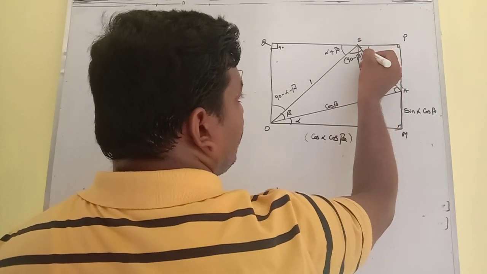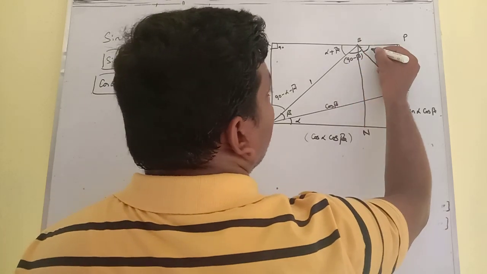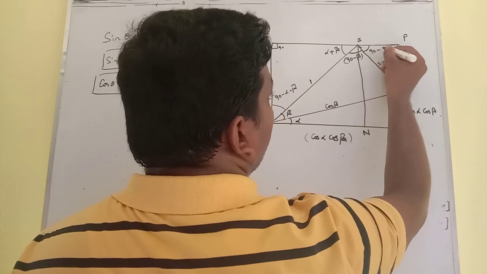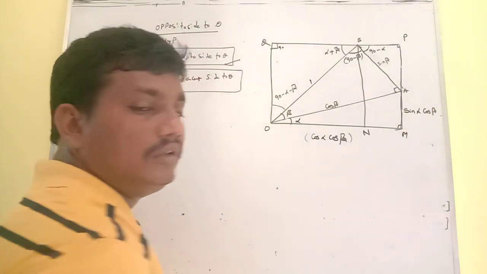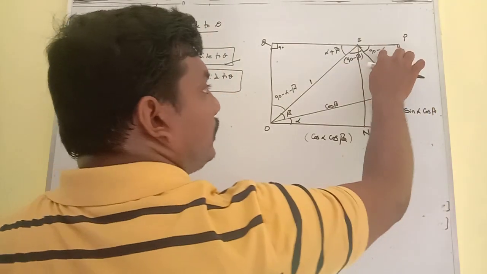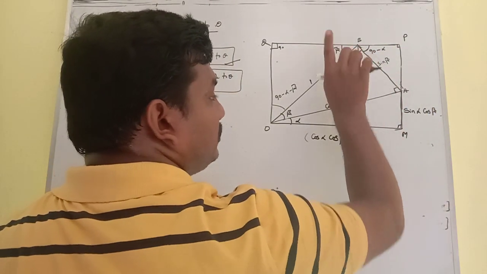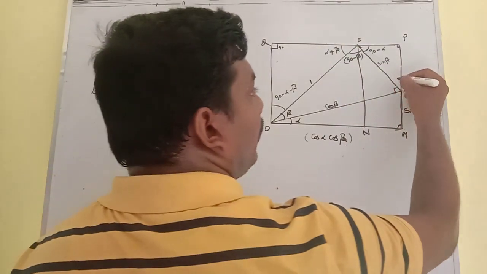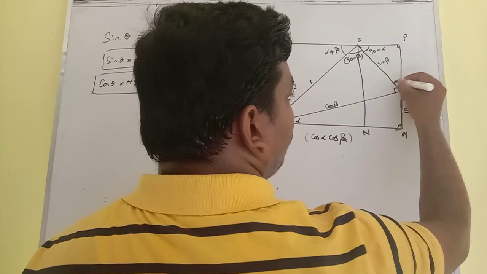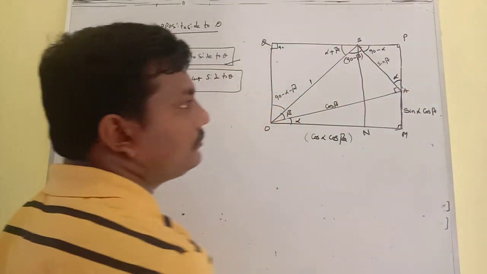This angle will be 90 minus alpha. How 90 minus alpha? If we add these three, we get 180 degrees. Minus alpha plus alpha get cancelled. Minus beta plus beta cancel. 90 plus 90 is 180. So when it is 90 minus alpha, what about this value? This is alpha.